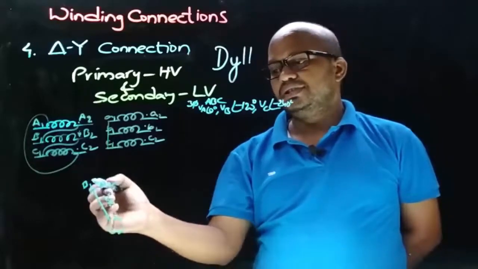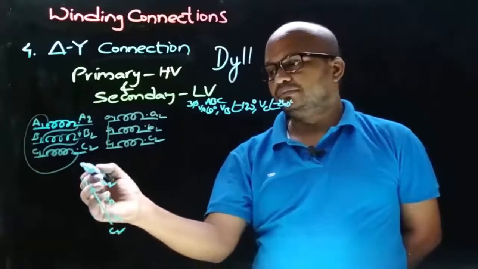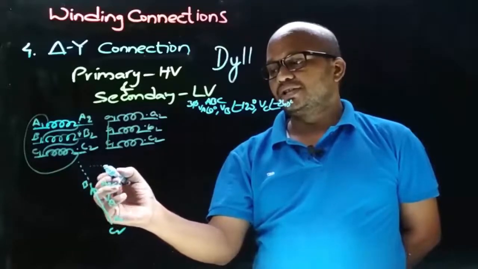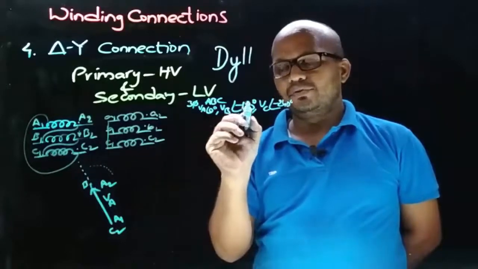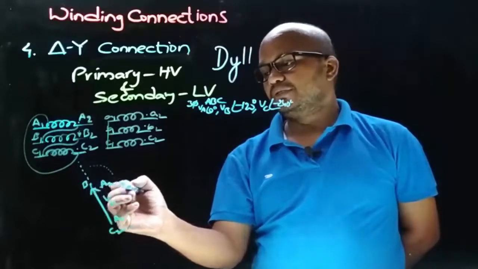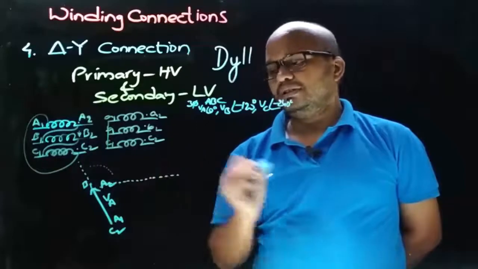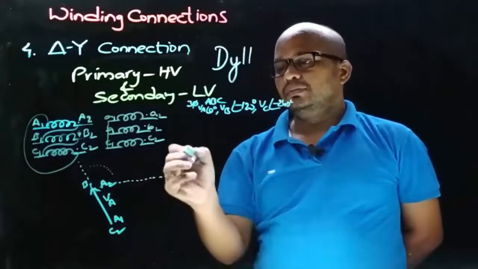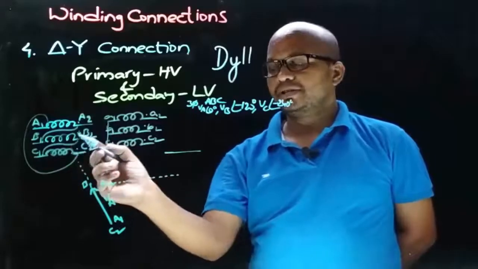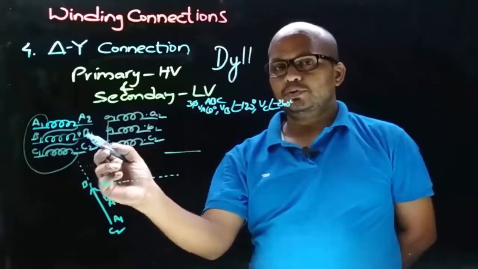So if this is the VA phasor, now in clockwise direction, because minus 120 degrees, at an angle minus 120 degrees there will be VB phasor. So let's consider this as VB phasor, and observing winding connection, on primary side the external connections are taken from dot end terminals.